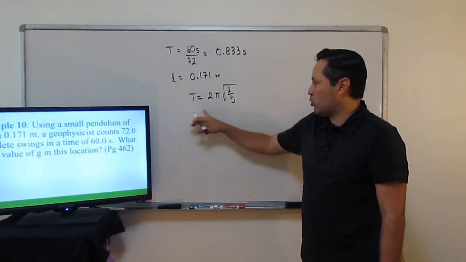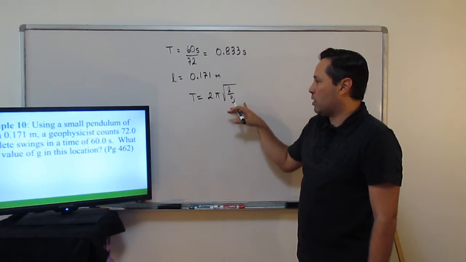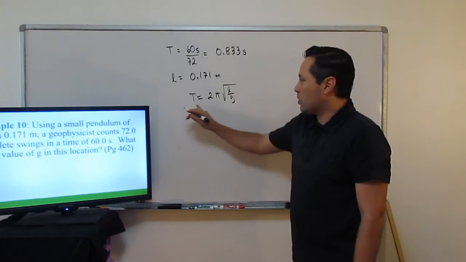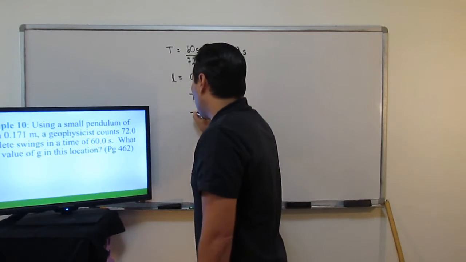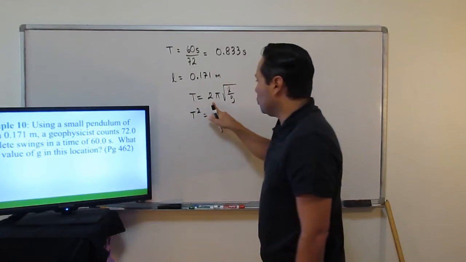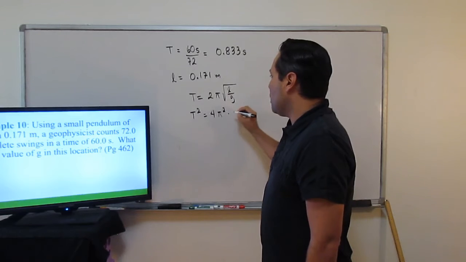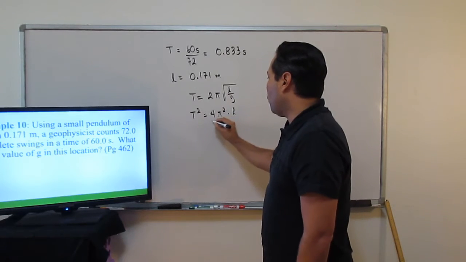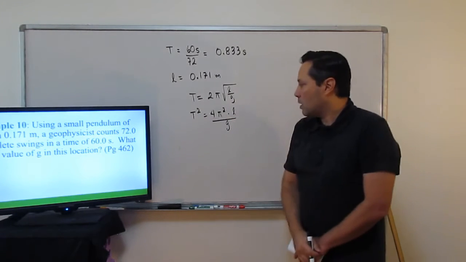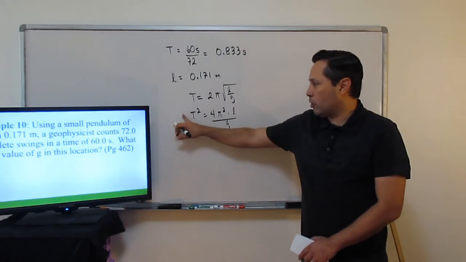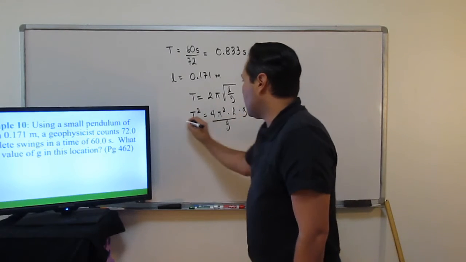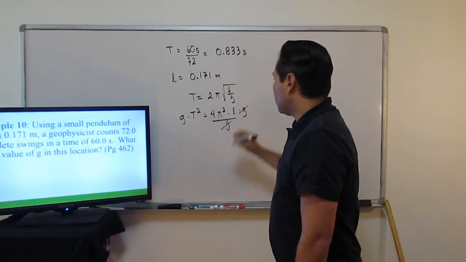First thing I'm going to do is square both sides, so I can get rid of the square root. So I'm going to square the T, so it's going to be T squared. Square the 2, so it's going to give me 4. Square the pi, so that's just pi squared. Multiply times L over G. Now I'm going to move the G over here, so multiply both sides by G. That's gone.